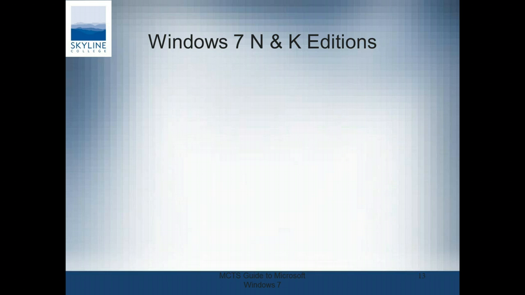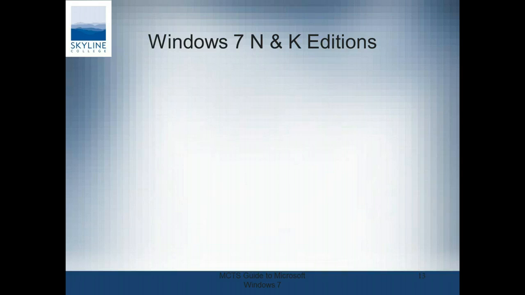The N and K editions: one of these is for Korea and the other one is for the European market. That gets involved in a lot of the lawsuits that Microsoft's been involved in over the bundling of Internet Explorer with it. Can you have your own browser?